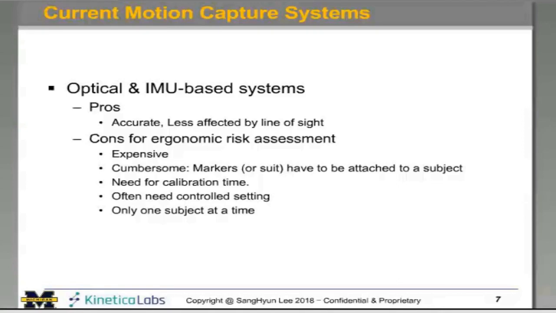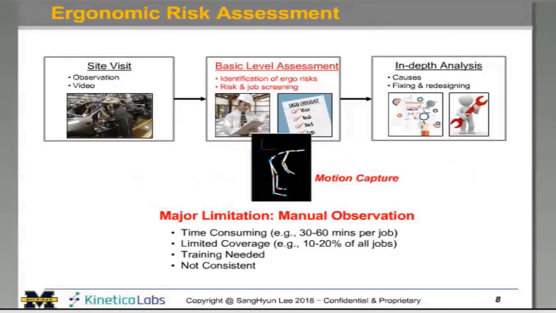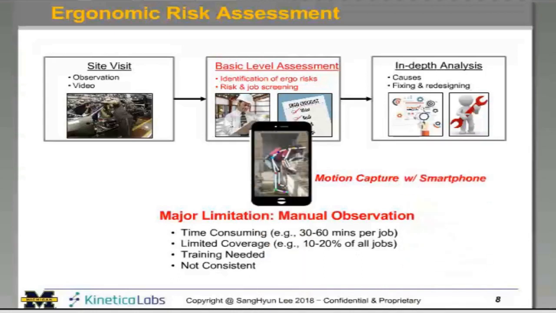So going back to our original slide, this is ergonomic risk, and we talked about the need for motion capture. Then how about just motion capture with a smartphone? Everybody nowadays has a smartphone. A smartphone basically has a video camera. Then why don't we just use the smartphone for motion capture? That's my major motivation. So why? First, it does not interfere with the ongoing work.